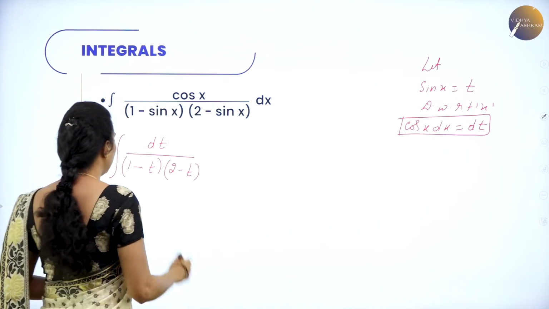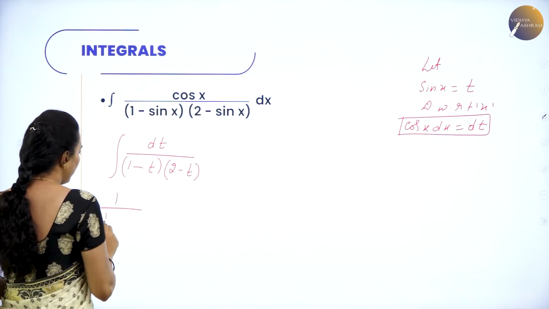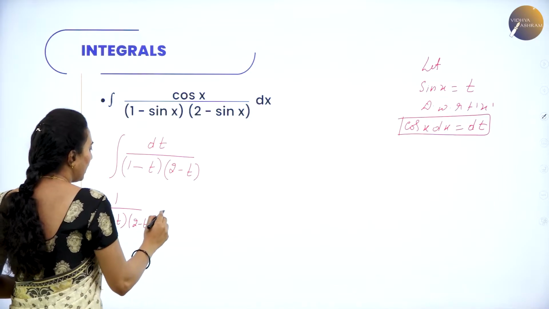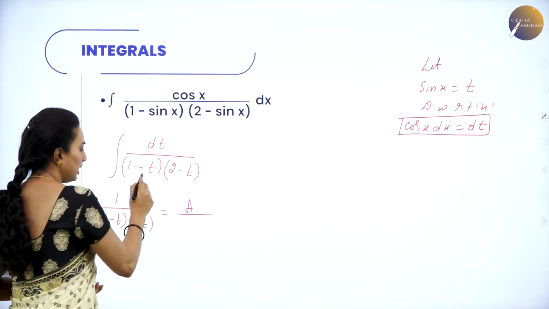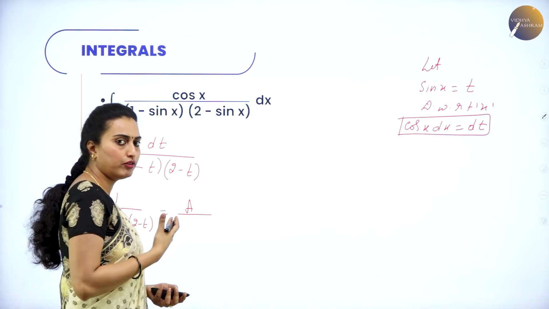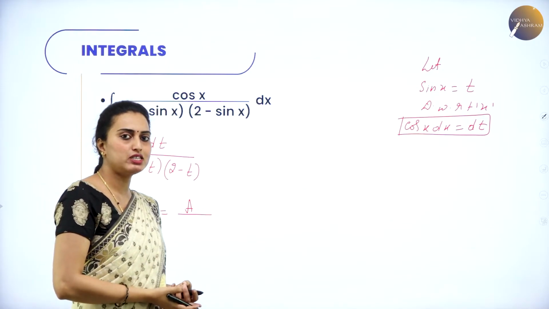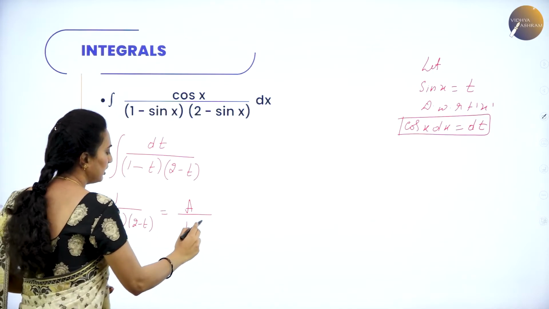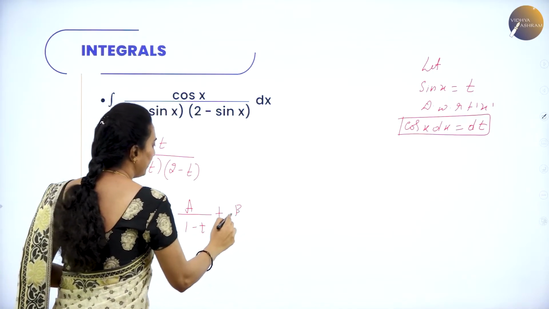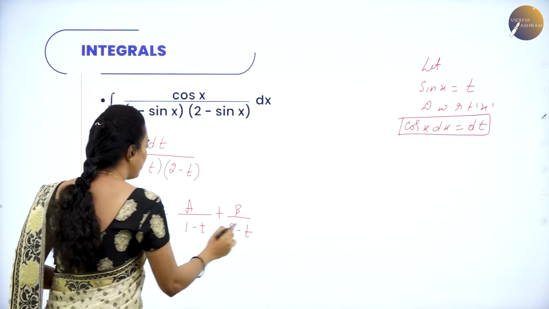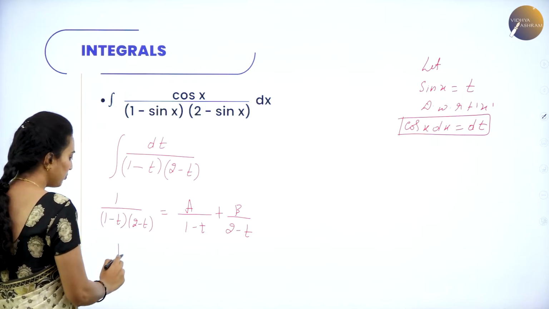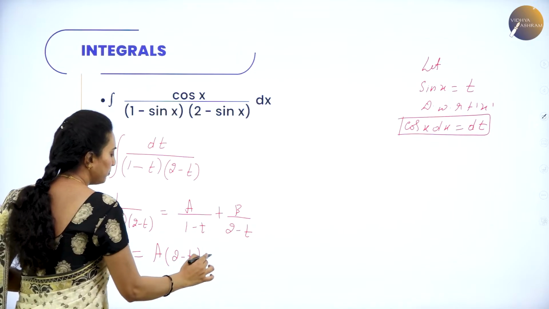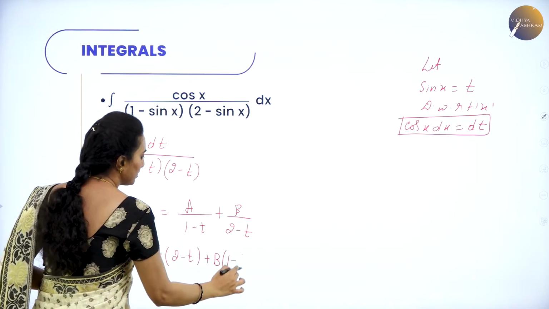Now you can write the integrand as 1 divided by 1 minus t into 2 minus t, which is in the form of px plus q divided by x minus a into x minus b, which can be written as a divided by 1 minus t plus b divided by 2 minus t. Now multiplying throughout by the denominator, the remaining is 1 here, so a into 2 minus t plus b into 1 minus t.